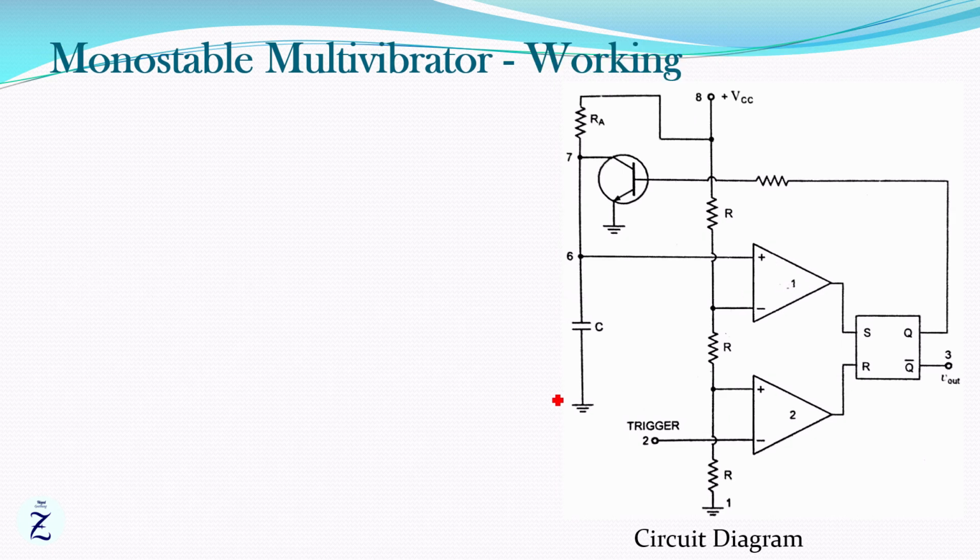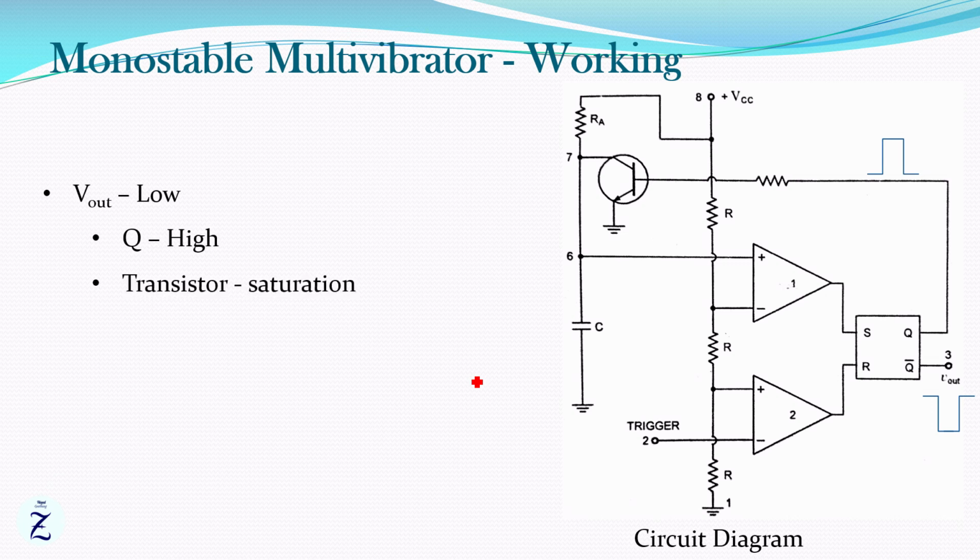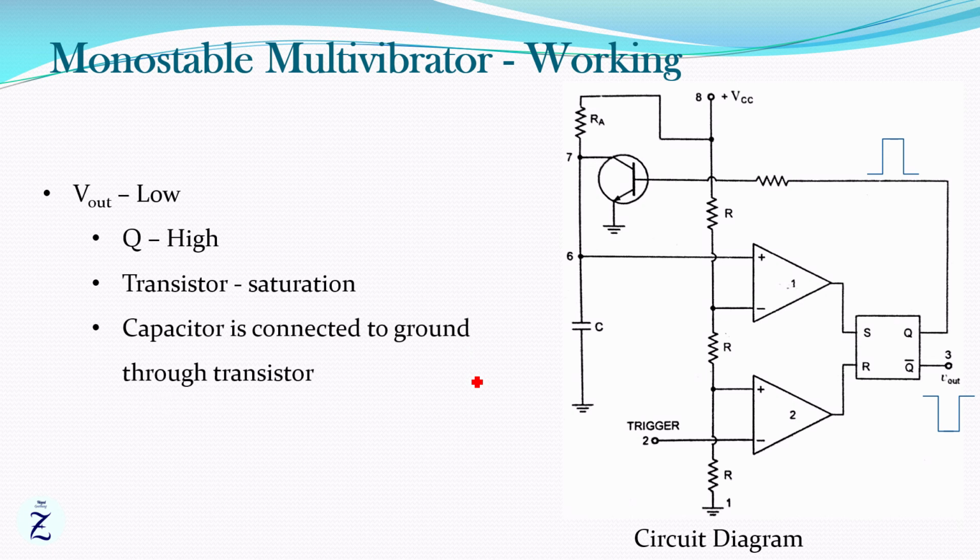Let us move on to the working of monostable multivibrator. Initially, when the output at pin number 3 is low, that is the circuit is in stable state, the flip-flop output Q is high and the transistor is in saturation, or the transistor is on. Hence, the capacitor is connected to the ground through this transistor.